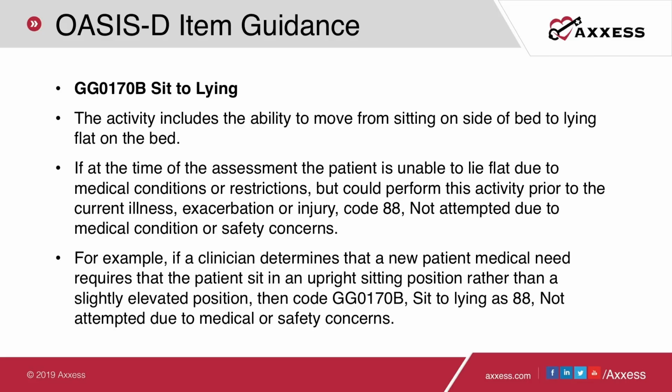For example, if a clinician determines that a new patient medical need requires that the patient sit in an upright sitting position rather than a slightly elevated position, then you're going to code GG0170B Sit to Lying as 88, not attempted due to medical or safety concerns.